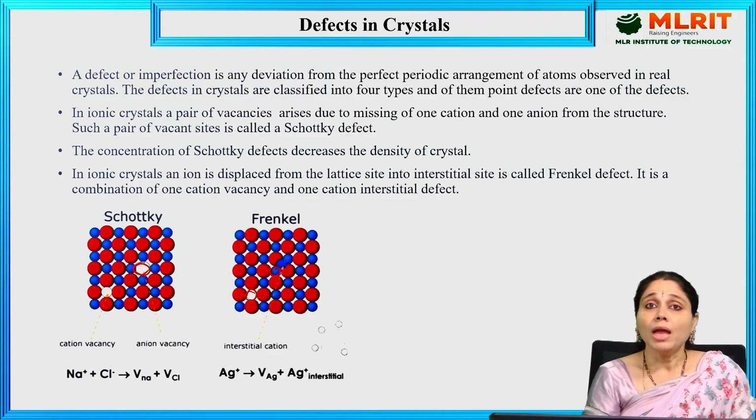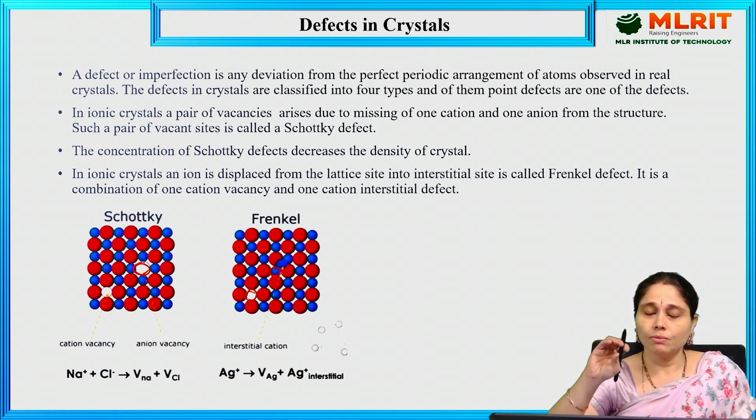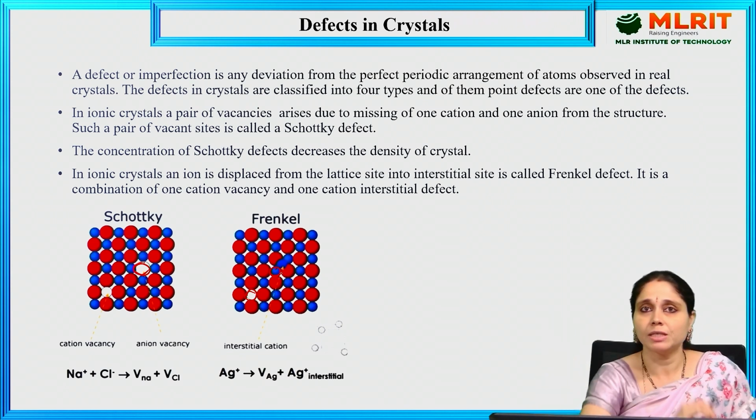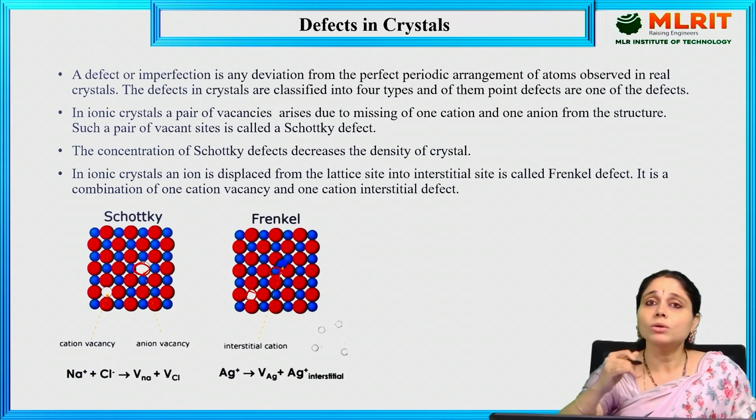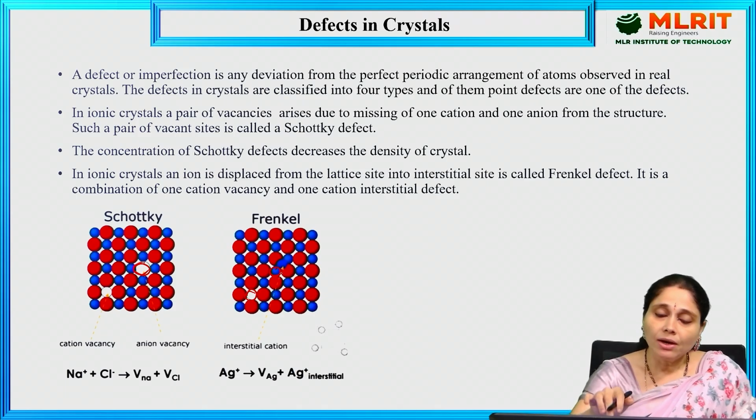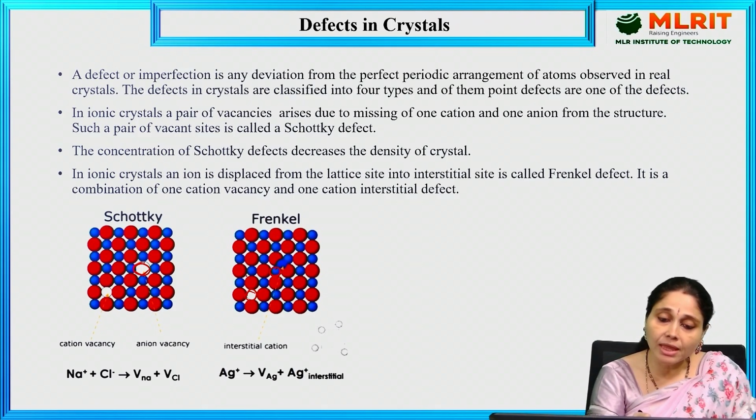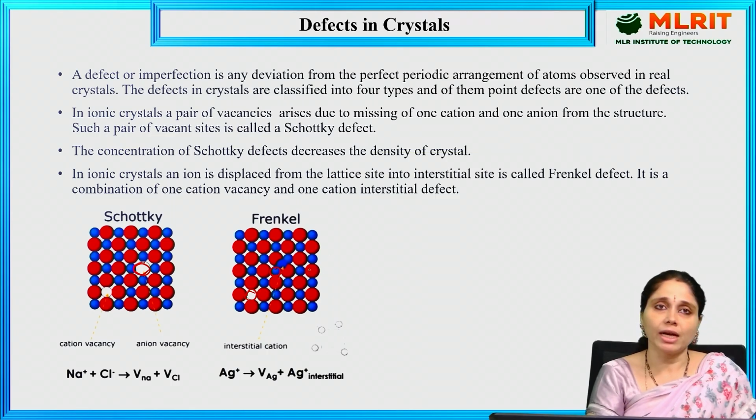As we can say, if one student shifts from his place and goes to his parent or goes to his friend, right? Likewise, here also, if an ion or atom moves from one place and just occupies some space within the crystal, then it is called a Frenkel defect.